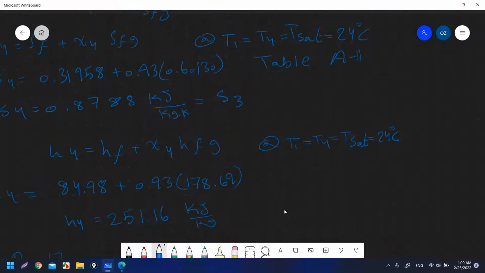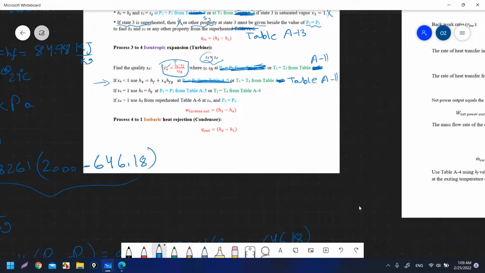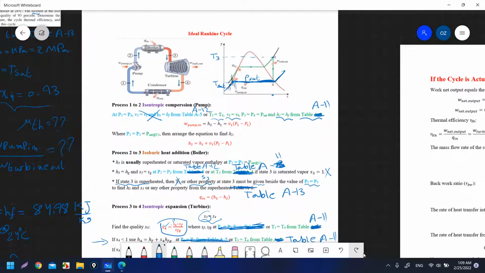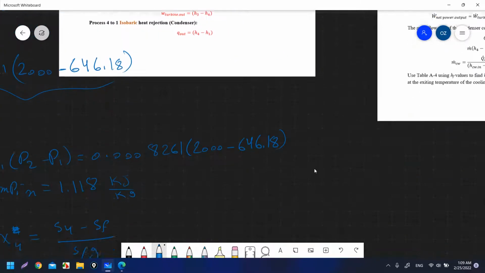So as you can see, it is a mixture, which means state 3 is not in the superheated region, it is here. We didn't find the quality yet, but S3 was less than SG. So state 3 is here.